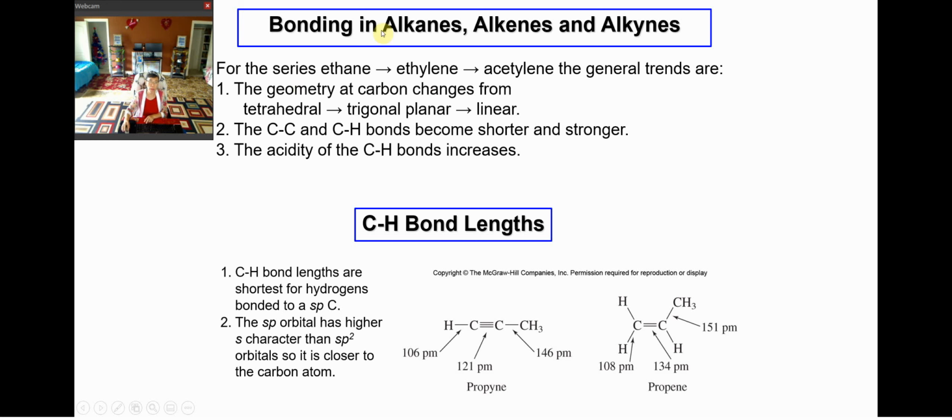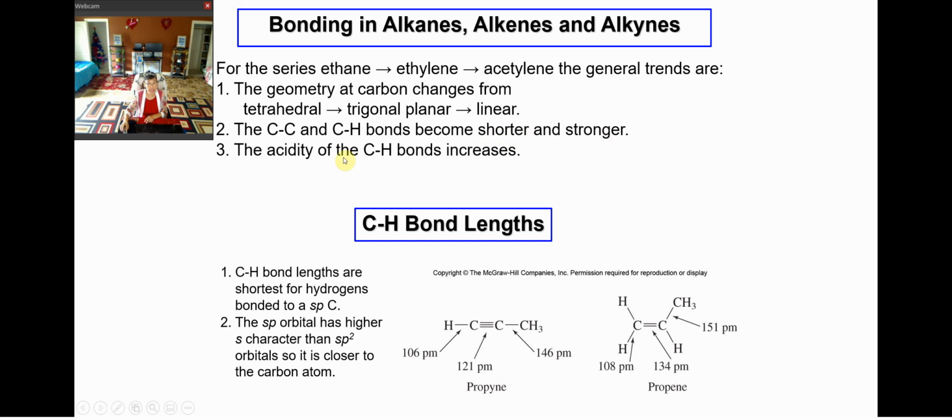The bonding in the alkane, alkene, and alkyne is also summarized in this slide. Essentially, from ethane to ethylene to acetylene, the geometry of your carbon changes from tetrahedral to trigonal planar to linear. The carbon-carbon and carbon-hydrogen bonds become shorter and shorter, stronger and stronger.